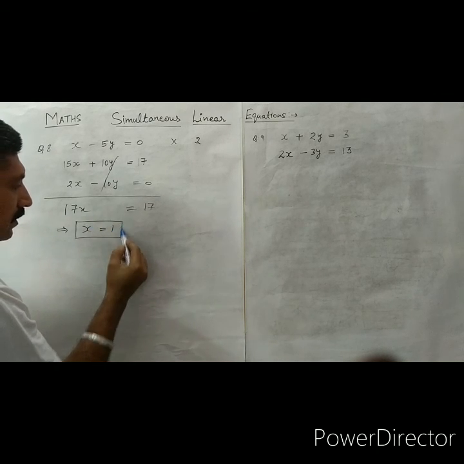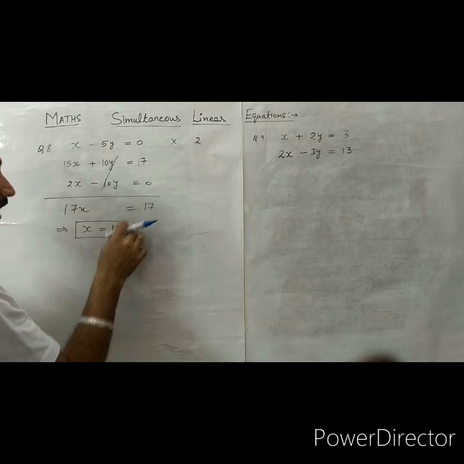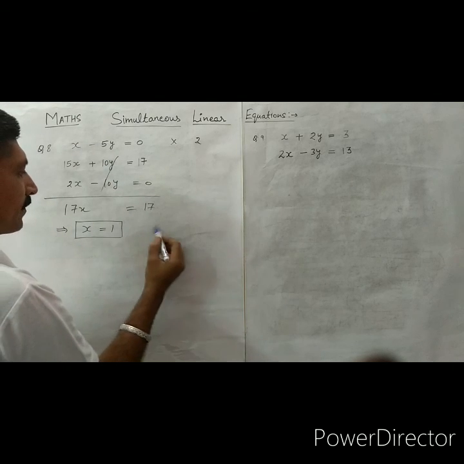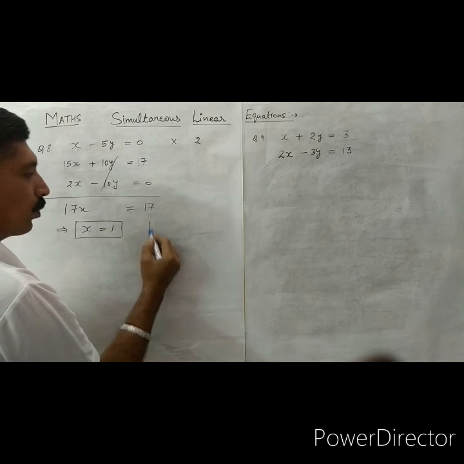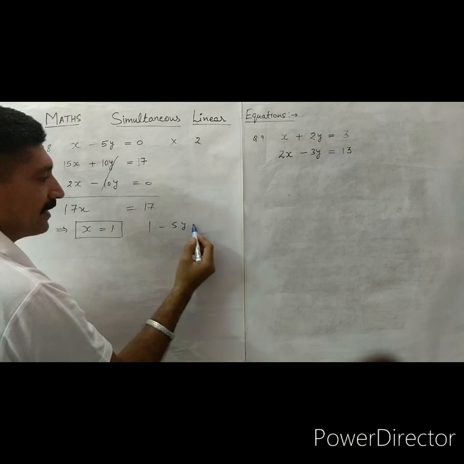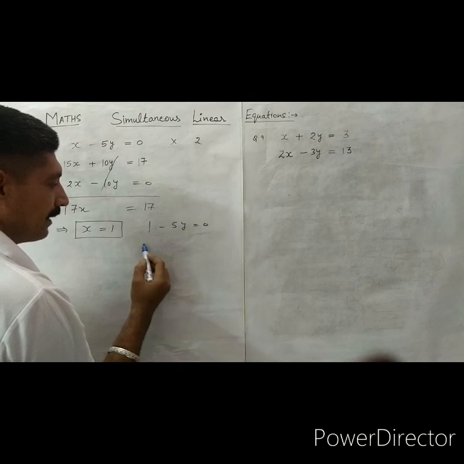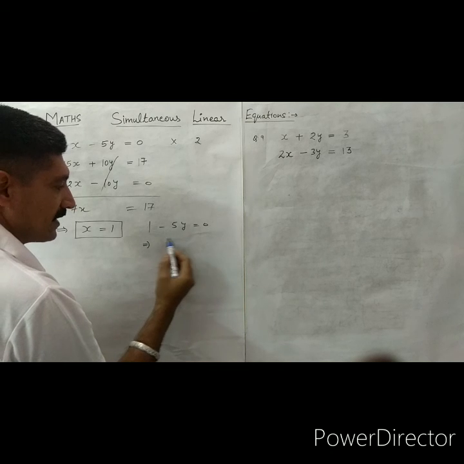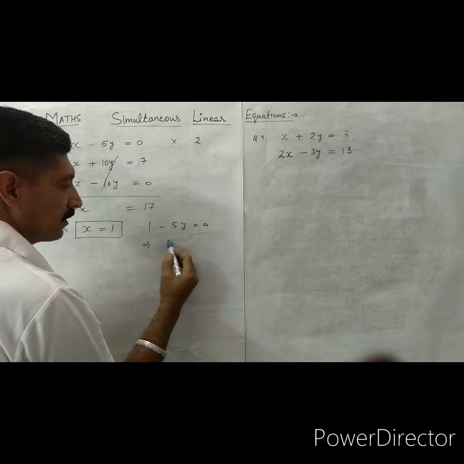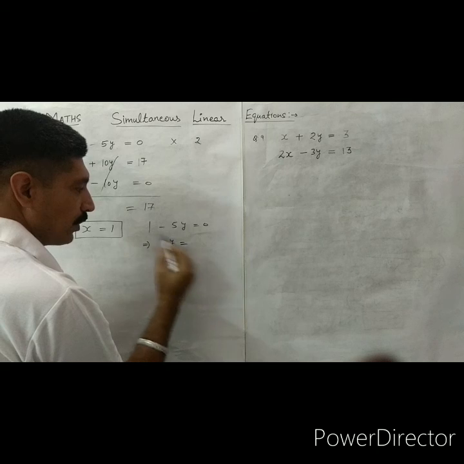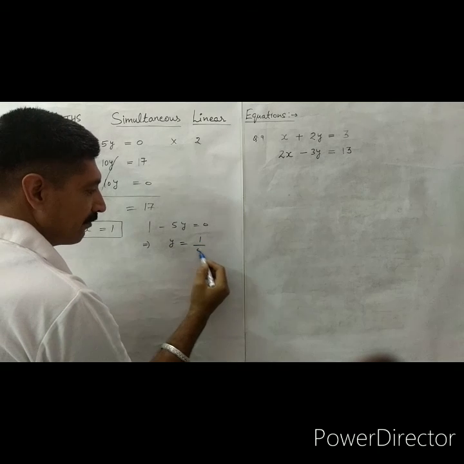Now substituting the value of x in any equation, that is 1 minus 5y is equal to 0, which implies that y is equal to 1 upon 5.